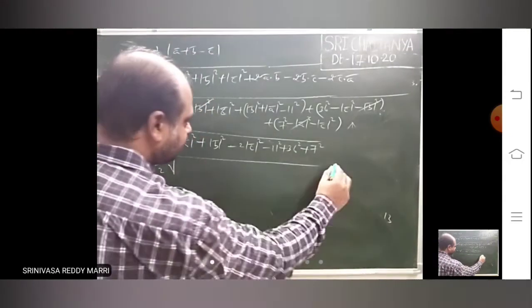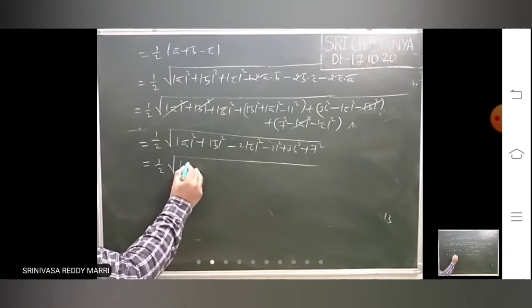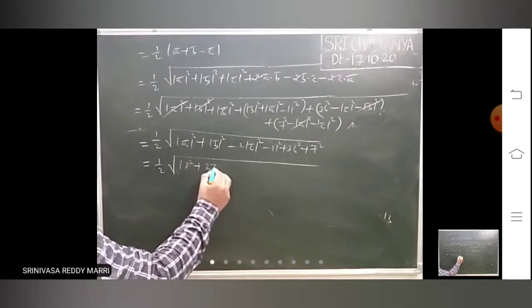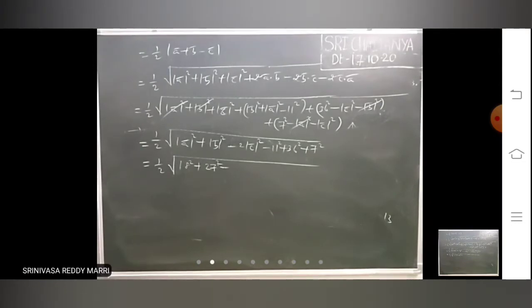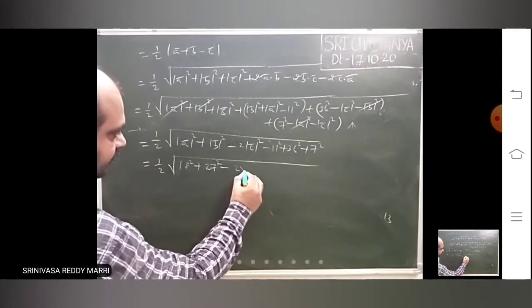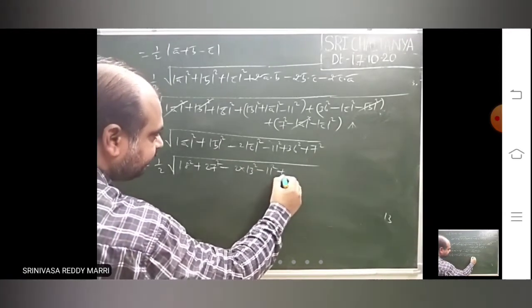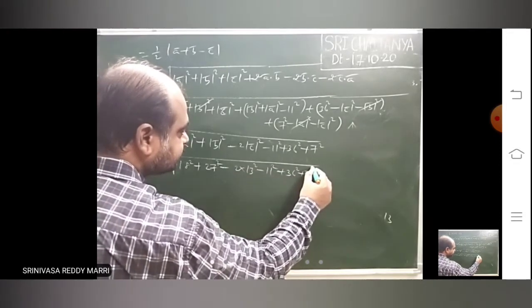Therefore, 1 by 2 into root of. What is given? Modulus A bar is 18 square plus modulus B bar is 27 square, 27 square, minus 2 into 13 square. These are all given. Minus 11 square plus 36 square plus 7 square.